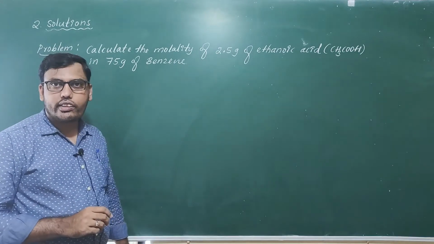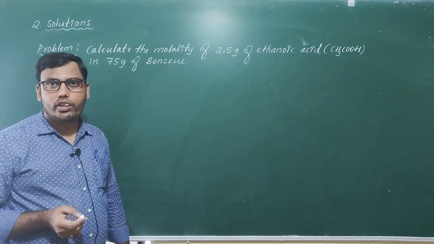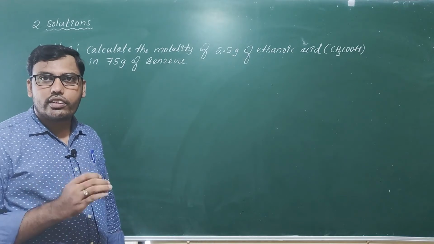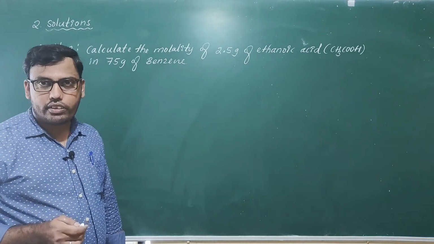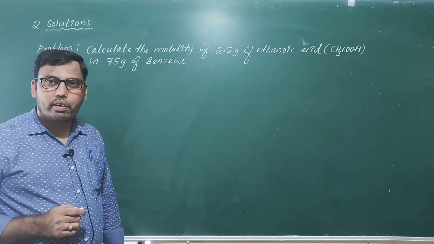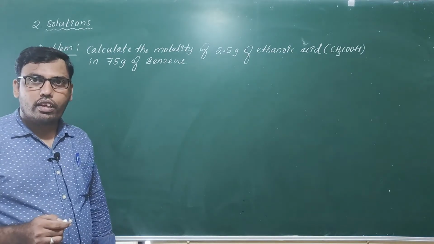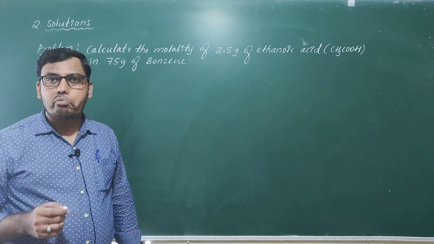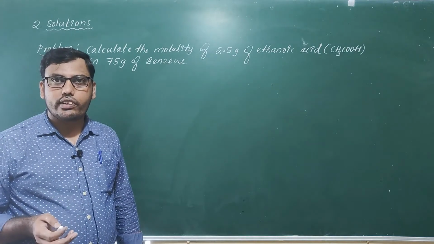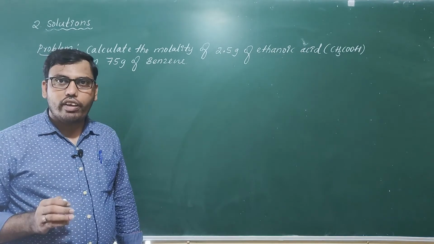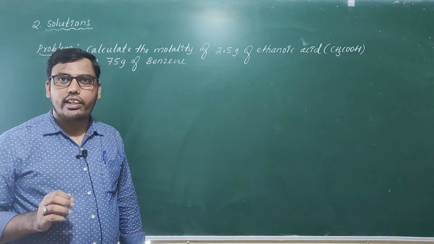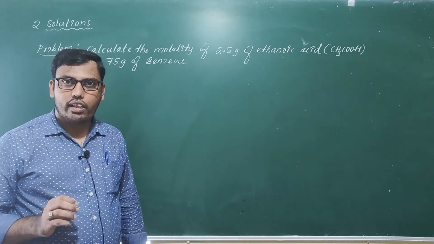So in the solution chapter, soon after reading the question, you must be capable of distinguishing which is solute and which is solvent. Dear students, remember my first class, in which I have cleared you that in a solution the component which is present in smaller quantity is always solute, and a component that is present in larger quantity is always a solvent.